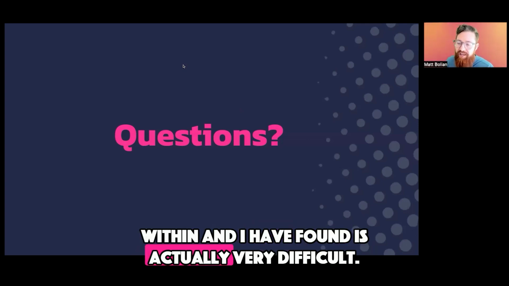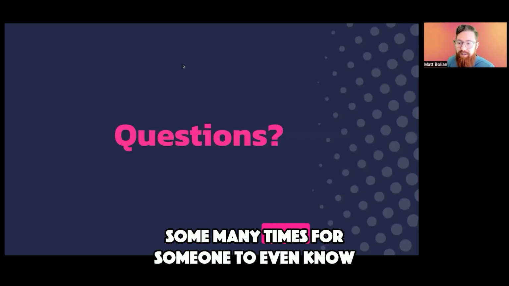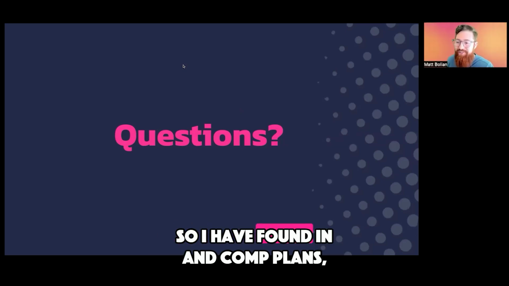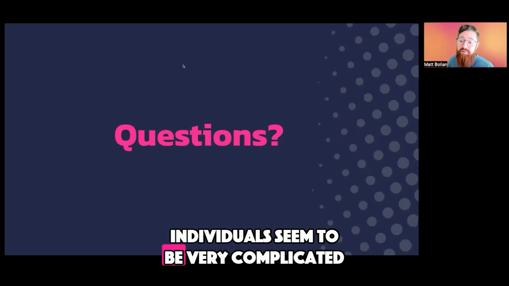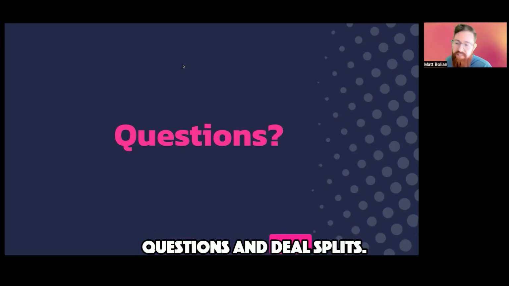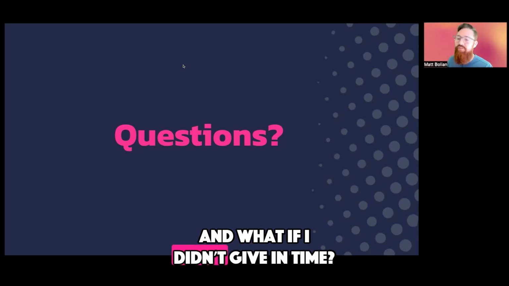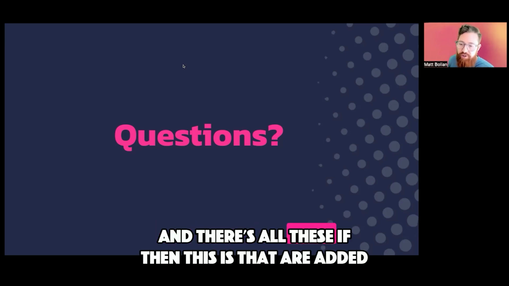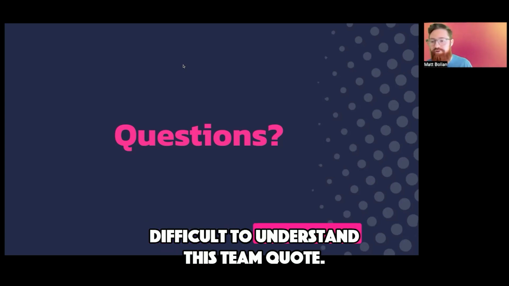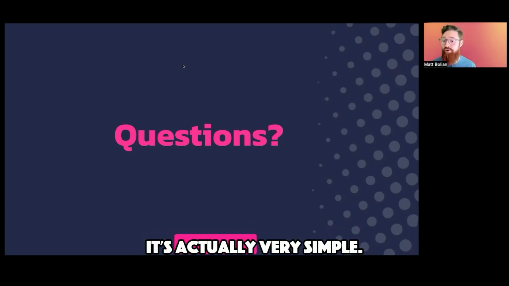And I have found it's actually very difficult many times for someone to even know how much money they're going to make by the end of the month. So I found individual comp plans seem to be very complicated because they're solving for all these territory questions and deal splits. And what if I didn't get it in time? There's all these if-thens that are added to these comp plans that make them very difficult to understand. This team quota is actually very simple.